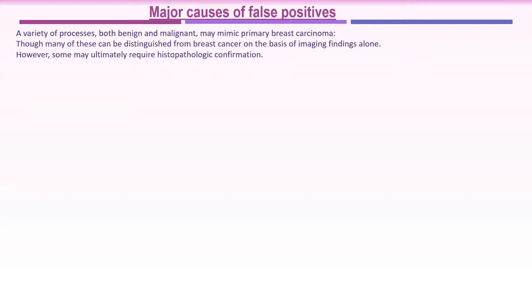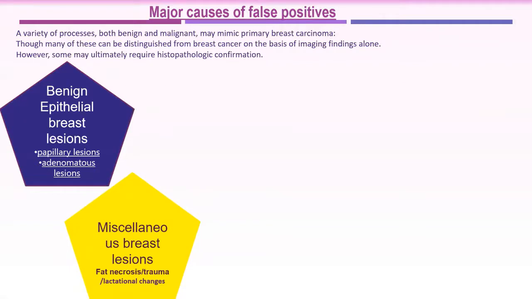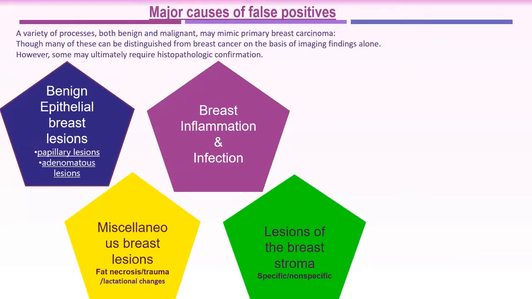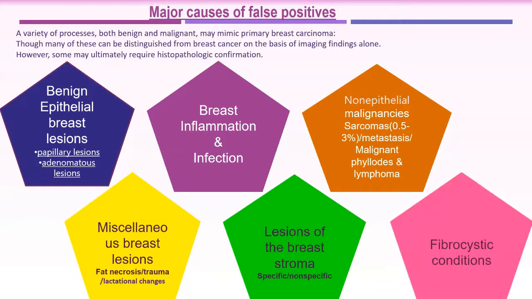We divide it into benign epithelial breast lesions, which are papillary and adenomatous lesions; miscellaneous breast lesions like fat necrosis, trauma, lactational changes; breast inflammation and infections, lesions like granulomatous mastitis; trauma, specific or non-specific; and non-epithelial malignancies like sarcoma, lymphoma, metastasis, and fibrocystic conditions.